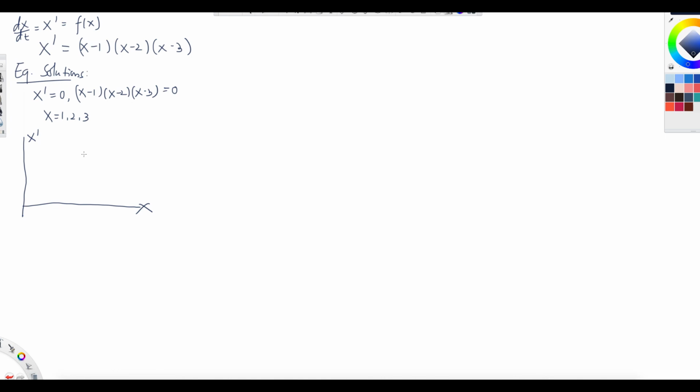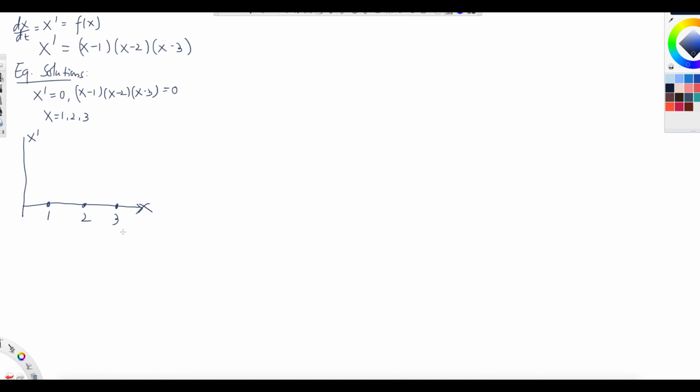To draw the phase portrait, we first mark these x values on this line. Let's say this is at 1, this is 2, and this is 3. So these are the 3 equilibrium solutions. You draw a horizontal line and then mark these 3 equilibrium solutions on that.